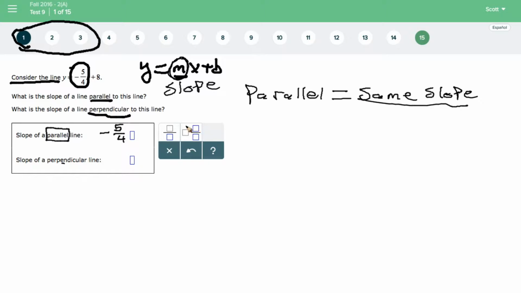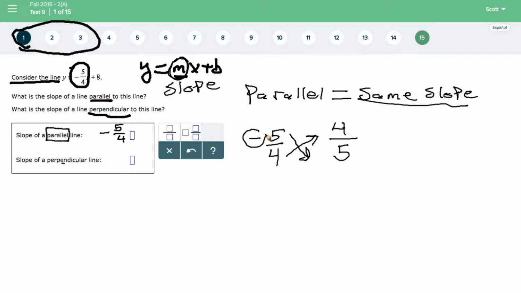Now perpendicular, what you need to do is, we have negative 5 over 4. Perpendicular, you reverse those, you inverse them. And that 4 now goes on top, and the 5 now goes on bottom. You just flip it upside down. And then you change the sign.